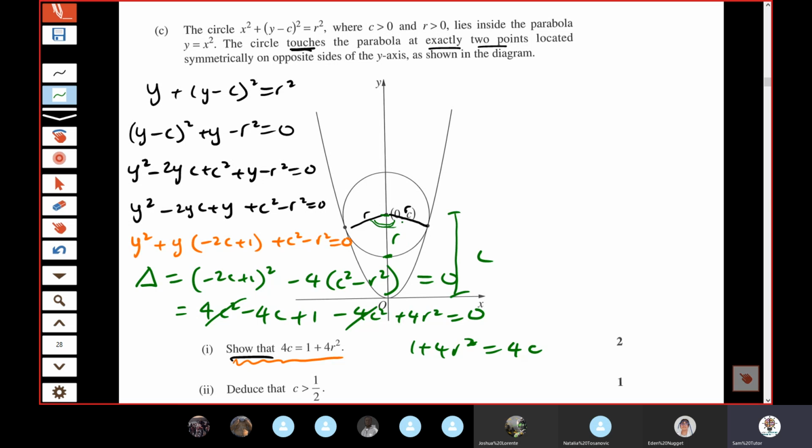L equals r theta. No, that's not going to work. How am I going to get an inequality? Somehow the discriminant's got to be greater than 0. Somehow, something's got to be greater than 0. You know, r is greater than 0. That doesn't help.